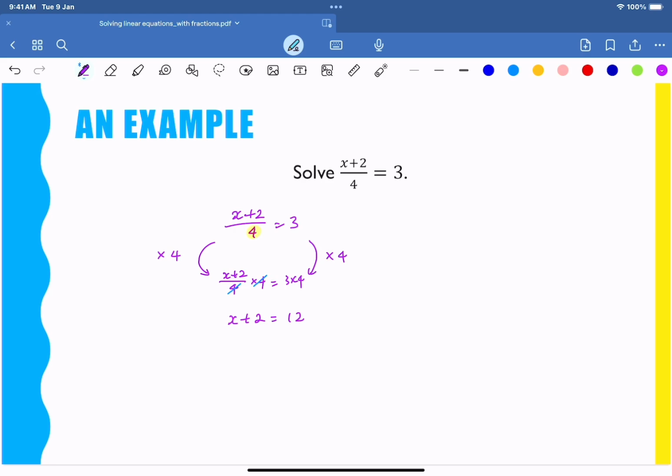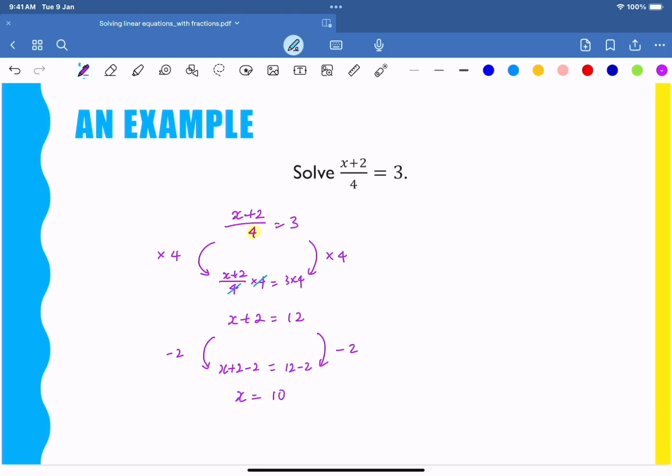It is just a linear equation, in fact, without any fractions. To solve for x, we will minus 2 on the left and on the right as well. So when we minus 2 on both sides, we can remove the 2 and we are just left with x equals 10. And this is how we solve an equation with a fraction.